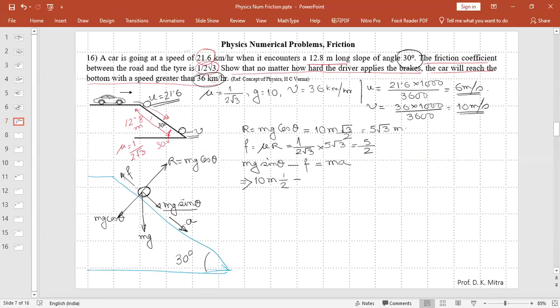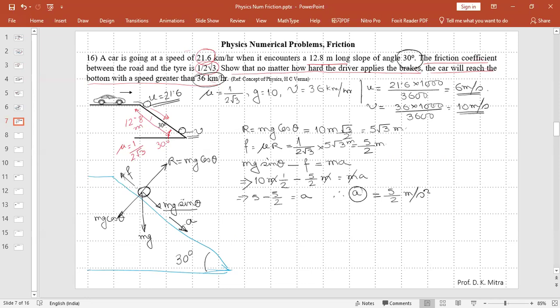F is mu R, sorry, R had a component of m here, so it will be 5 by 2 m. All the m's get cancelled. So from here we get 5 minus 5 by 2 is equal to A. Therefore, acceleration A is equal to 5 by 2 meter per second square.